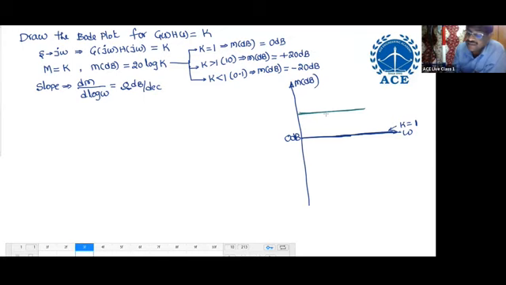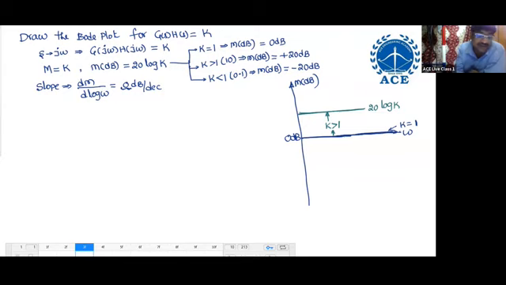So K greater than 1 is shifted upward by the value of 20 log K. K equal to 10, 20 log 10 means 20. K equal to 100, 20 log 100, 40. K equal to 1000, 20 log 1000, 60. Like that.